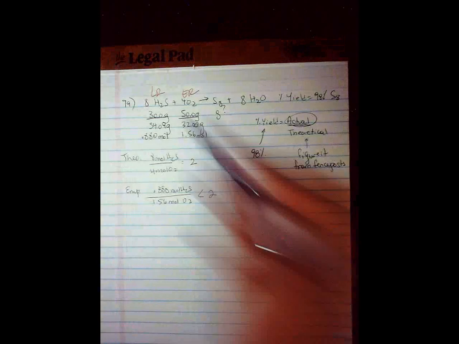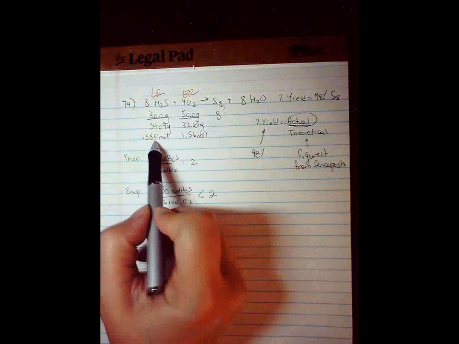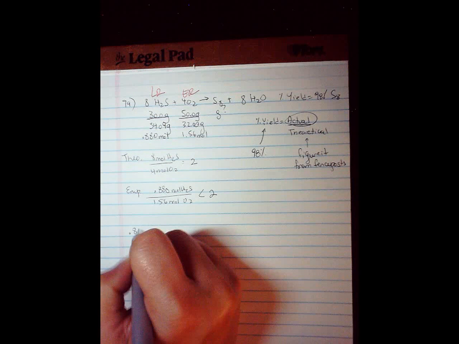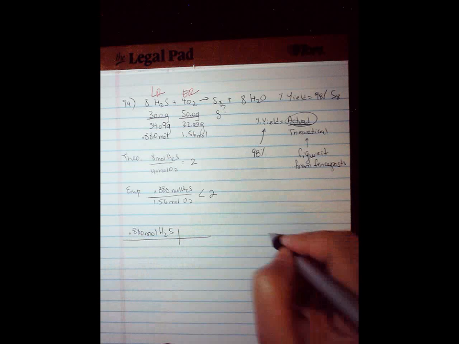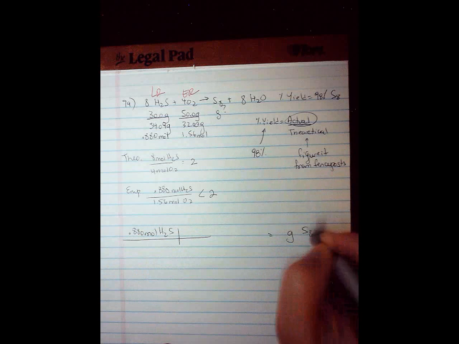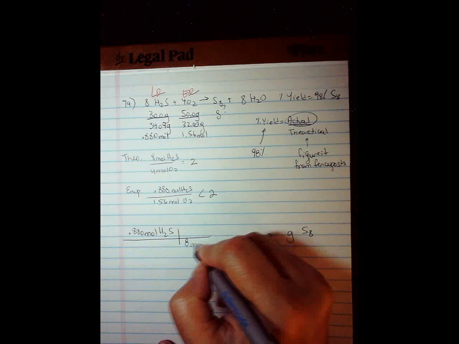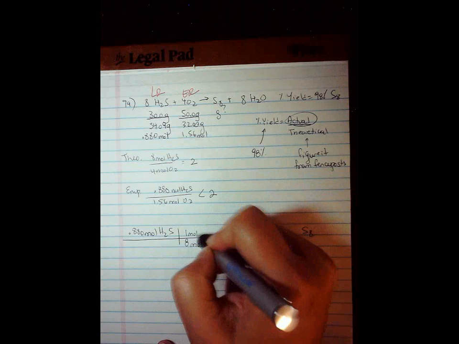Okay. All right, so if I want to figure out how many grams in theory of S8 I should make, I should start my calculation with that value. All right, so we're going to do that. 0.880 moles of H2S. I'm going to change that to grams of S8. There are 8 moles of H2S for every 1 mole of S8 produced.